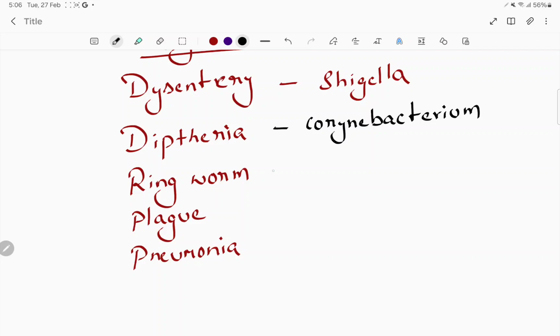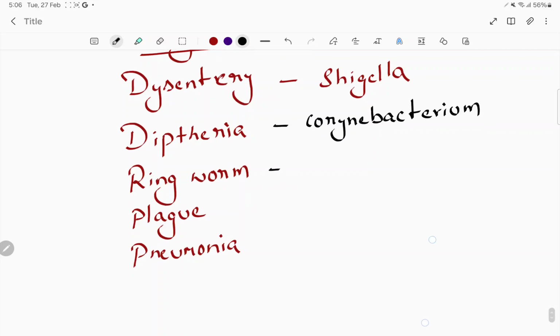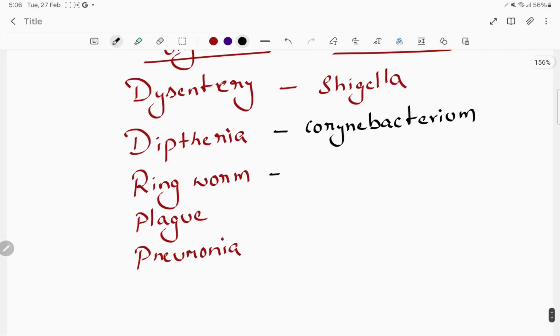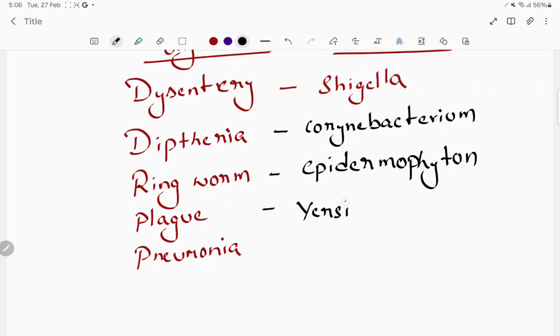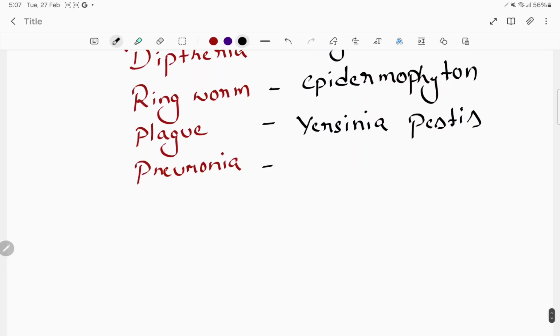For ringworm, Epidermophyton. And for plague, Yersinia pestis. Pneumonia, Haemophilus influenzae.